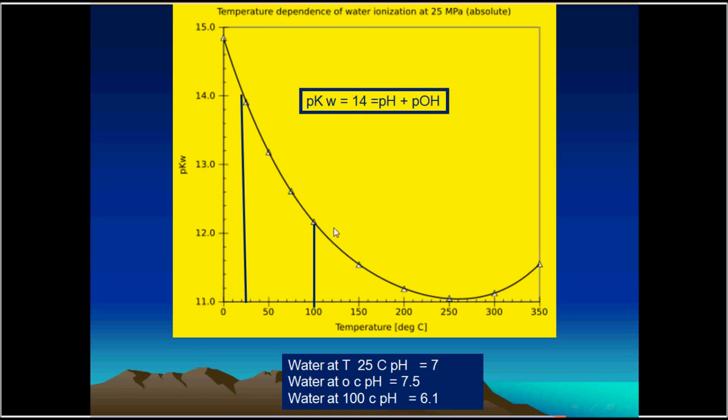The reverse is true. The same thing applies if you take the dissociation constant of boiling water at 100 degrees centigrade. Dissociation will increase. Instead of being minus 14, it will be minus 12, and the pK will be 12. So the pH of water at 100 degrees centigrade will be 6, and the pOH will be 6. If you add hydrogen or hydroxyl group, the two together should be 12.